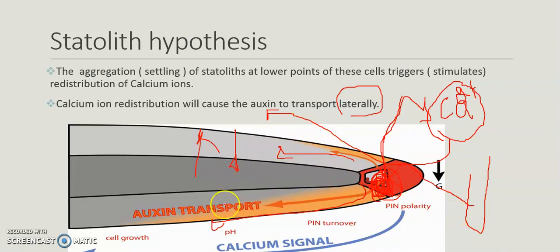They will be getting accumulated with auxin. When auxin is transported laterally, they come in contact with auxin and get accumulated in the cell elongating area. You can watch this.